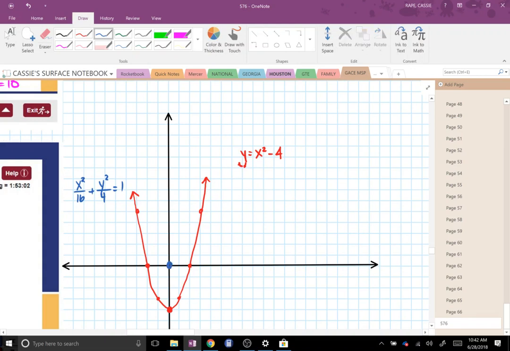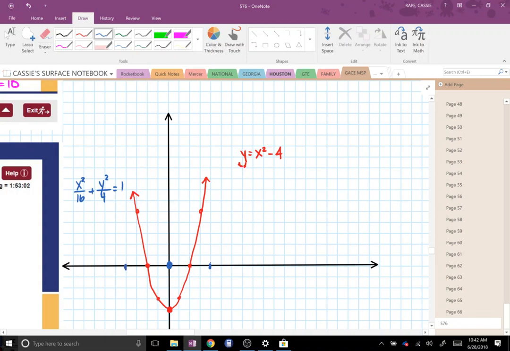And then you have major and minor axes that are determined by the square root of the number underneath the x and y. So 16 underneath the x, when you square root that, that's 4. And so you go 4 right and 4 left in the x direction.